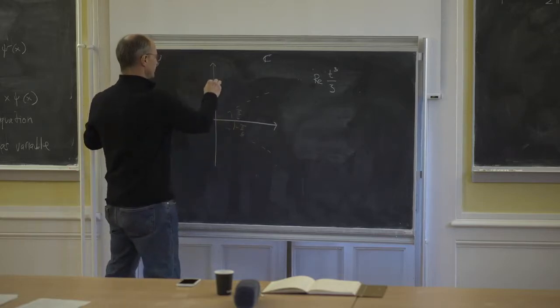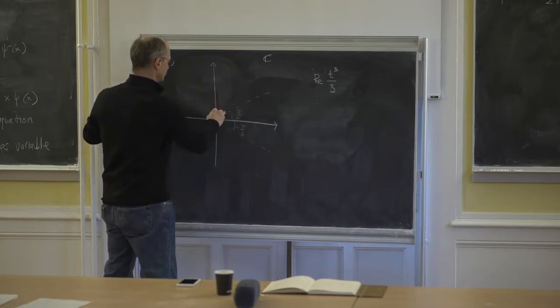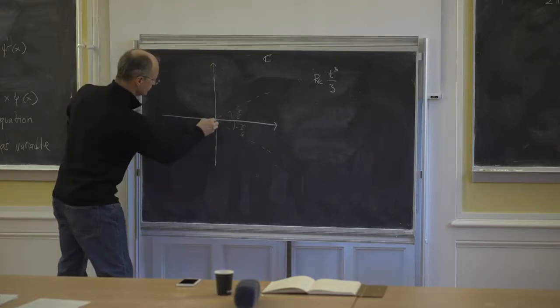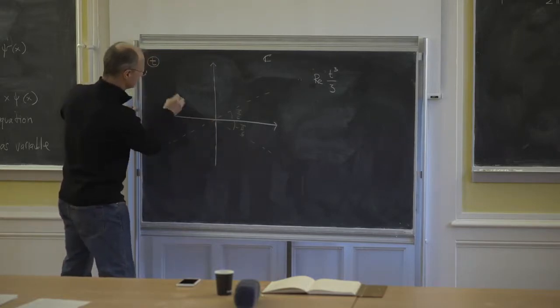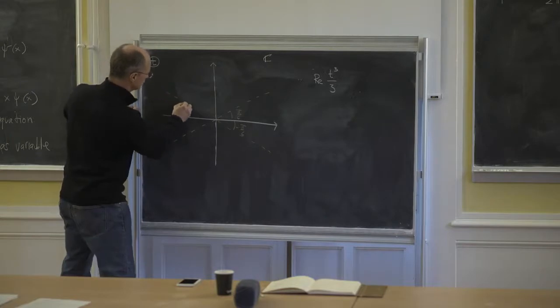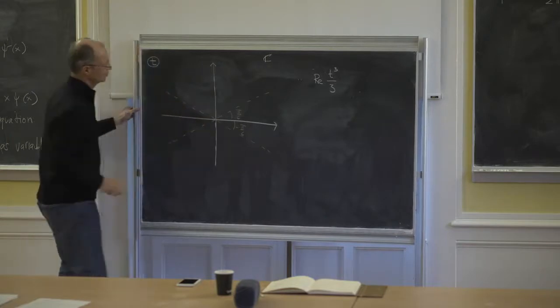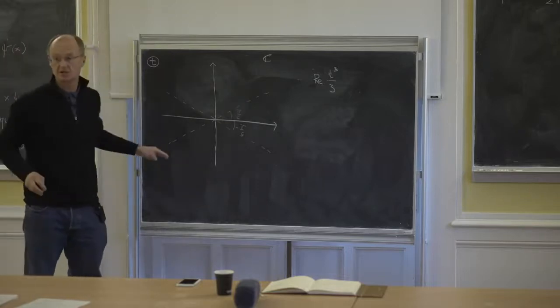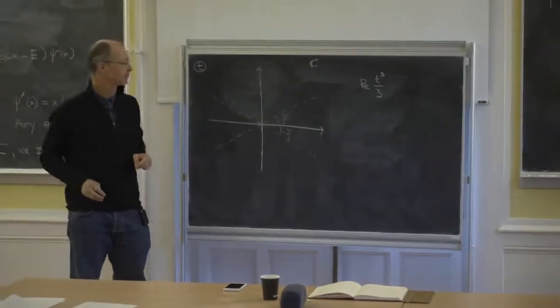Then the next line, I think, is here. And there are two more lines like that. So now the complex plane is split into 6 sectors.